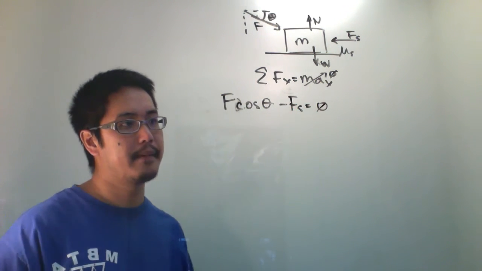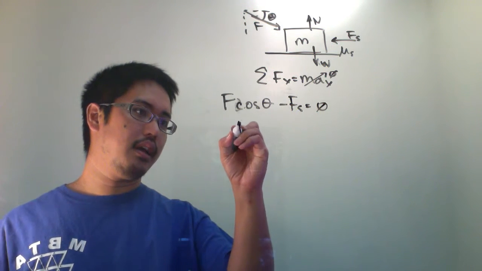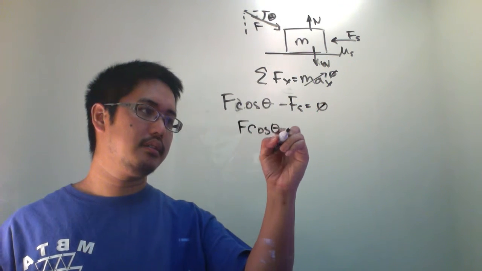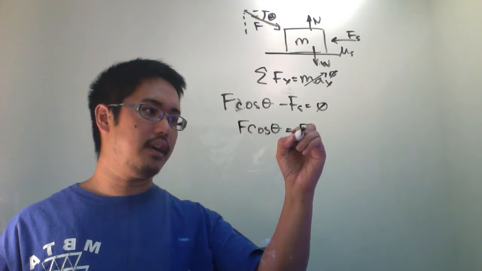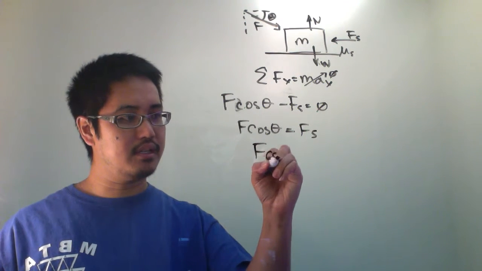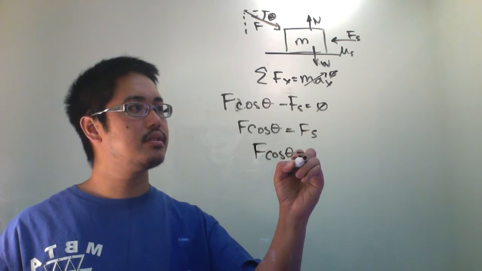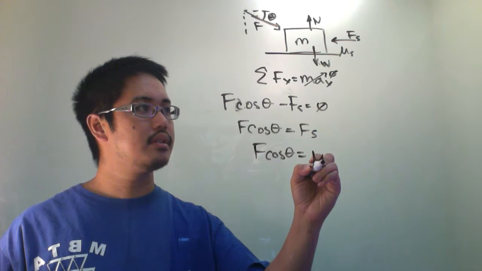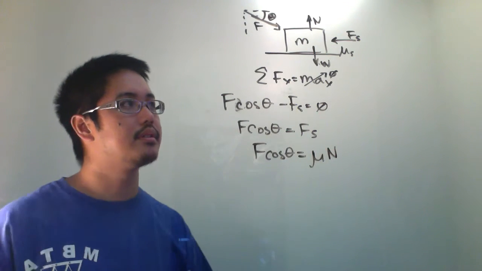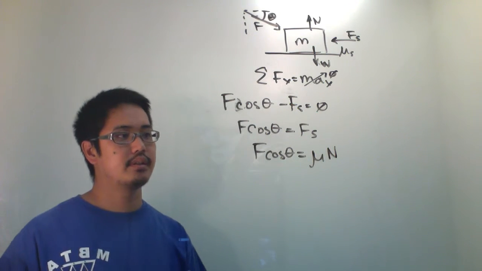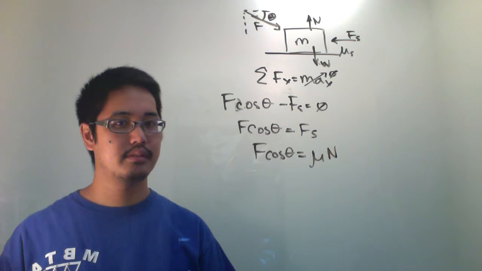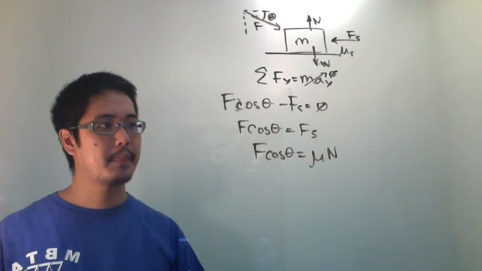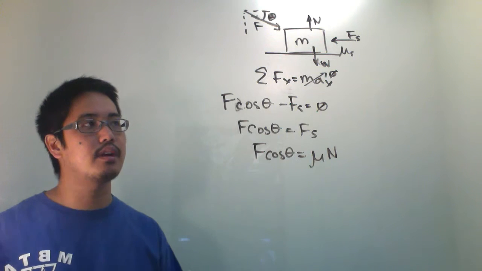So F cosine theta equals Fs. So F cosine theta equals mu times my normal force. Do I know my normal force right off the bat?